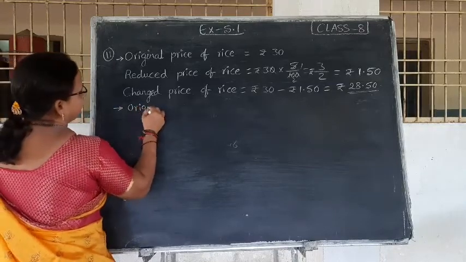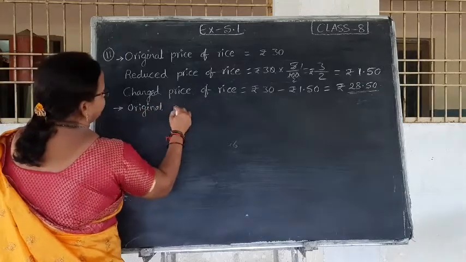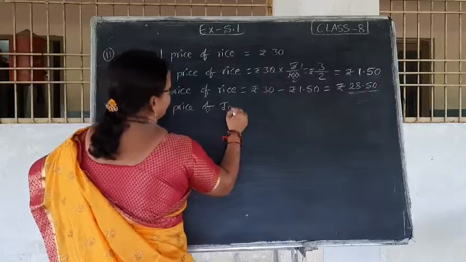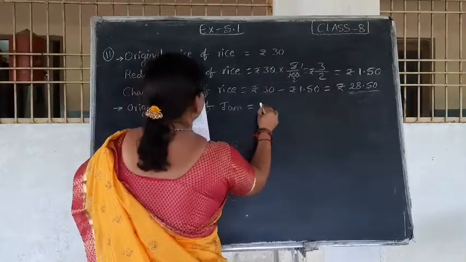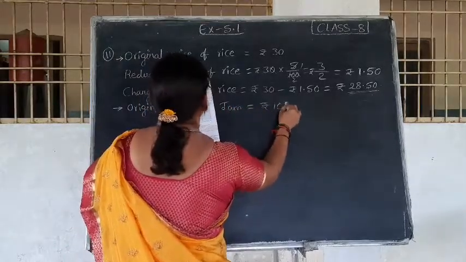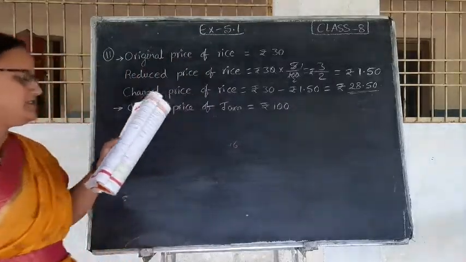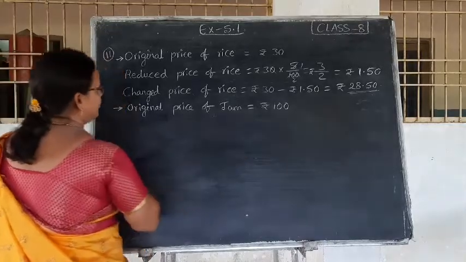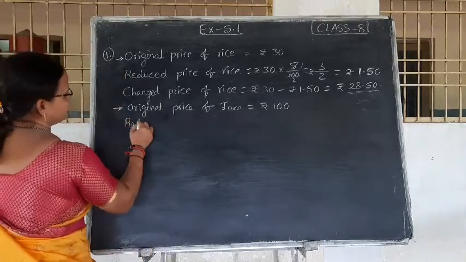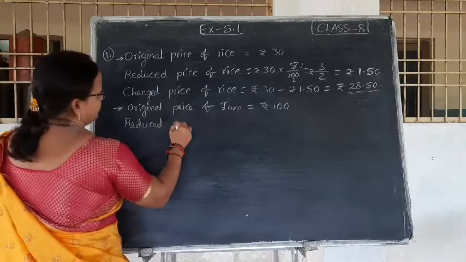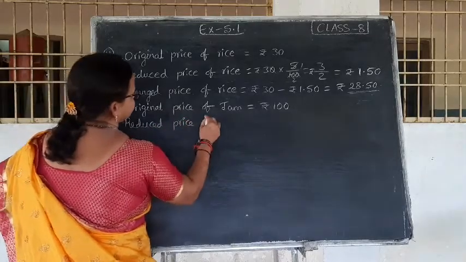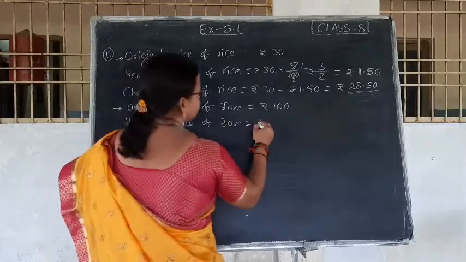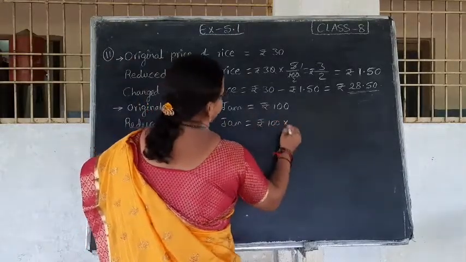So jam, original price. The original price of jam is given as 100 rupees, and jam and fruits are reduced by 8%. So the reduced price of jam is the original price into the reduced percentage.